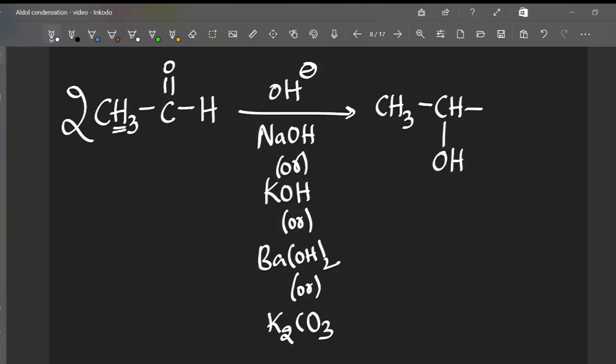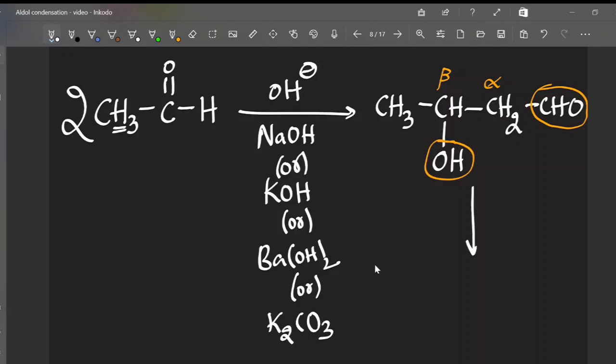Don't worry, I'll go through the mechanism also. This is our carbonyl functional group, then the directly attached carbon is alpha, and the next adjacent one is beta. बीटा पे हमको कौन सा ग्रुप दिखाई दे रहा है? OH. So it is a beta hydroxy carbonyl compound, called 3-hydroxybutanal or beta hydroxybutanal.